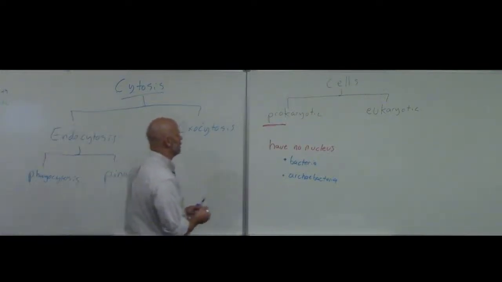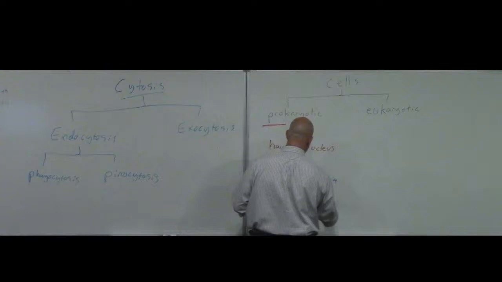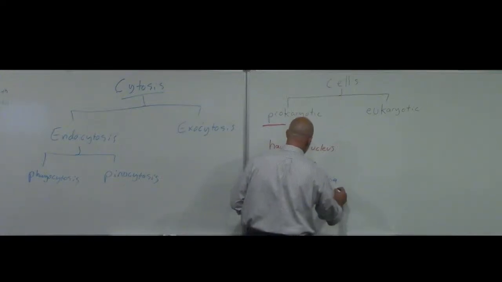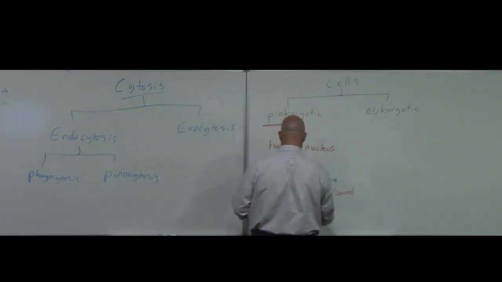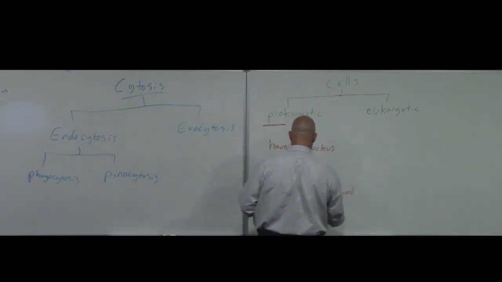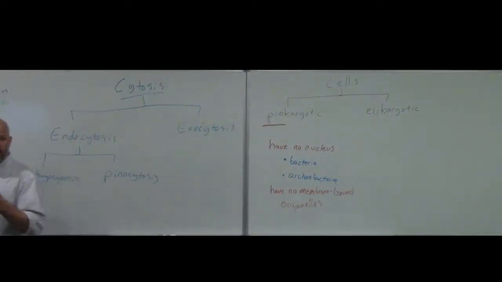There's one more thing. In addition to no nucleus, they have no membrane-bound organelles. In other words, they don't have any organelles, and that term organelle means like mini organ.